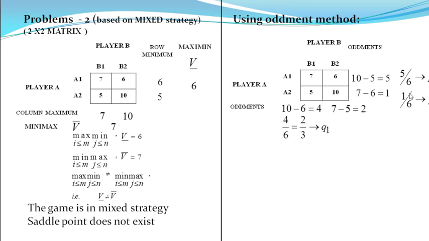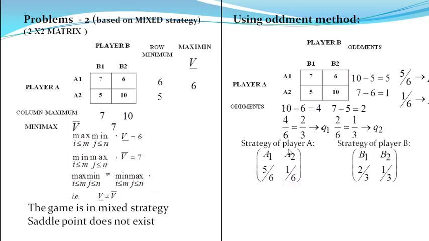Similarly, for finding Q1, it is the oddment divided by the sum of the oddments. So for this I have simplified it and written it in strategy form. For the strategy of player A, A1, A2: 5 by 6, 1 by 6. And for B, 2 by 3 and 1 by 3. You can write it as 4 by 6 and 2 by 6 itself.